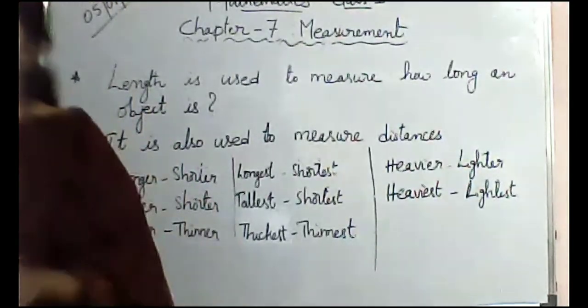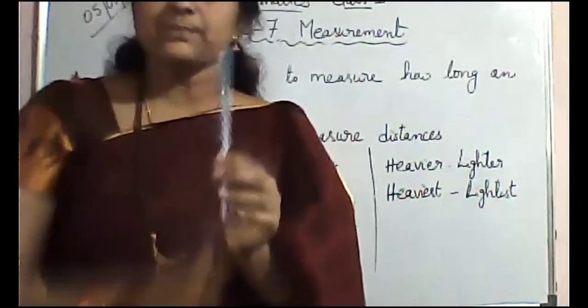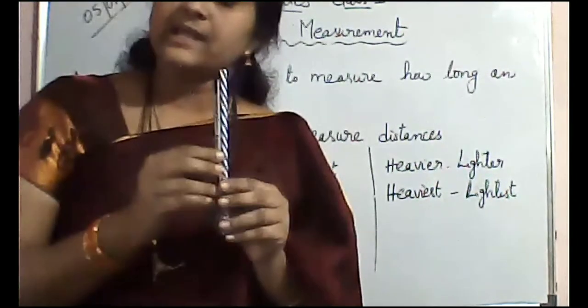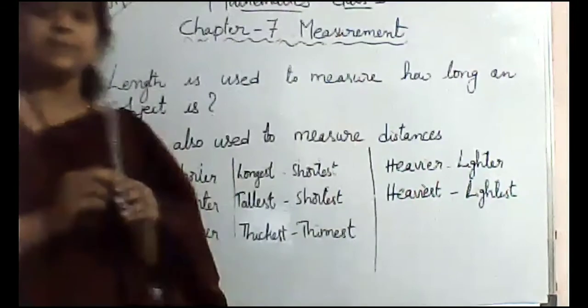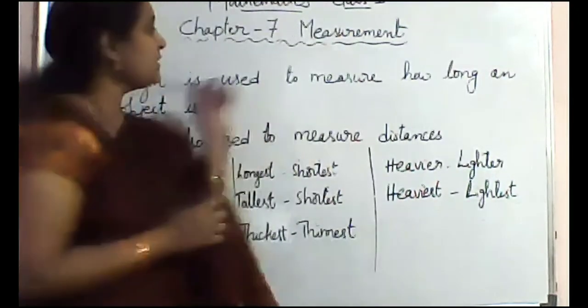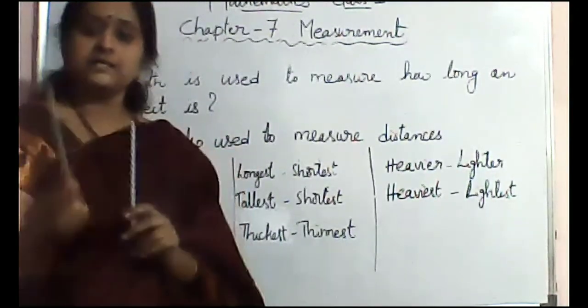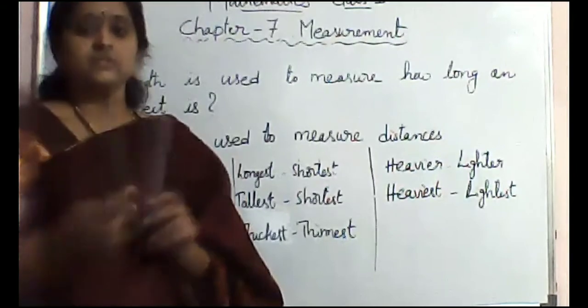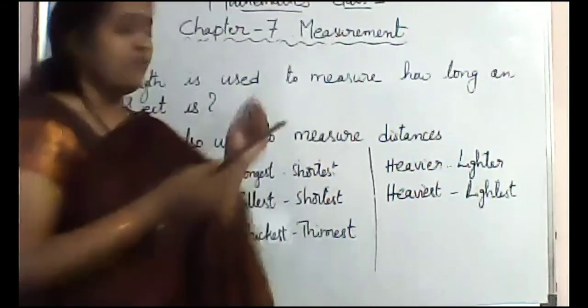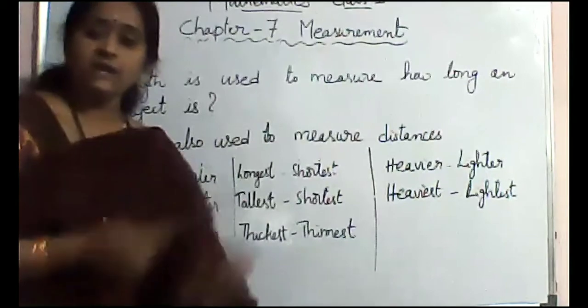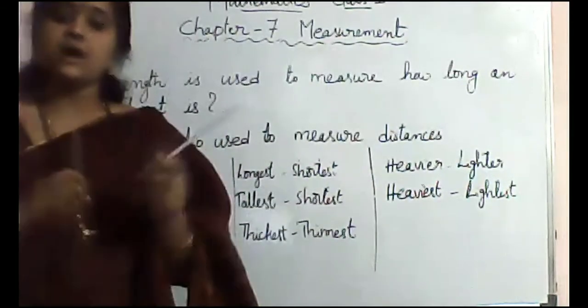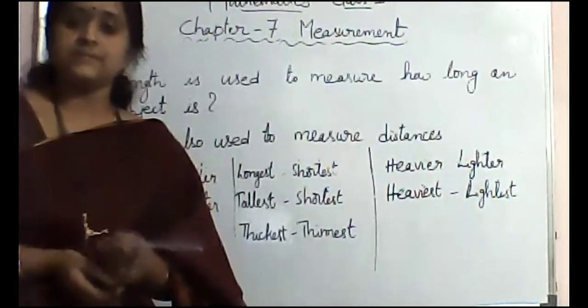Okay, children. So if you also measure with this pen or pencil, we will get the same answer. Suppose Aditya came and he measured with this pen, and Araja measured with this pencil. So what happens? The measurement is equal when they measure with the pencil, or I have also measured with the pencil.